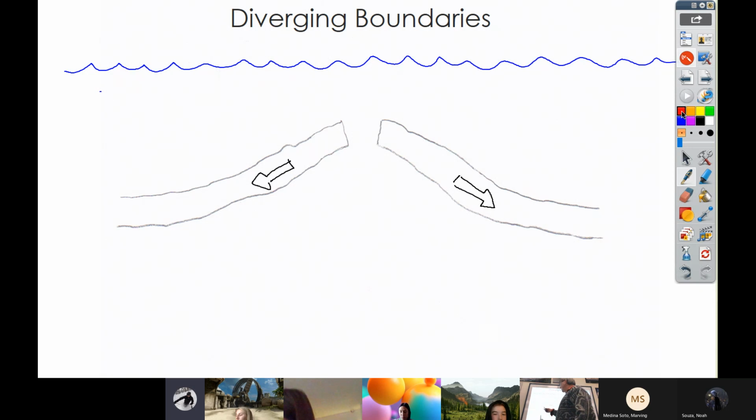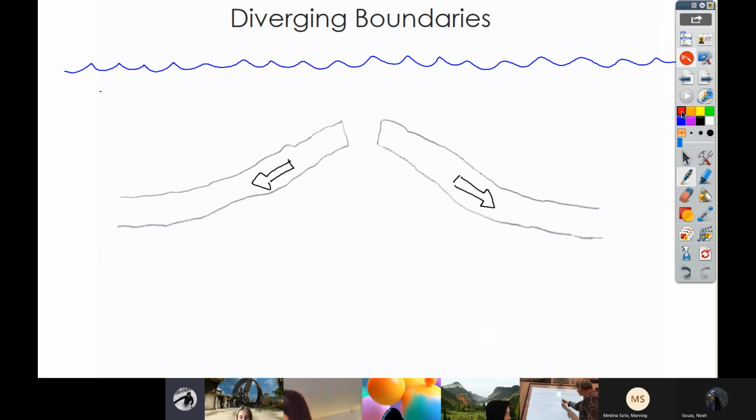The rest of the crust, this actually continues off my screen for, let's see, you know where my classroom is. This would continue off my screen at least as far as the stairwell, if not all the way to the end of the building. So this is just the point where they are splitting apart. It's not the entire plate.